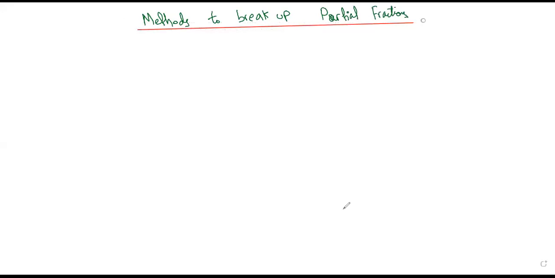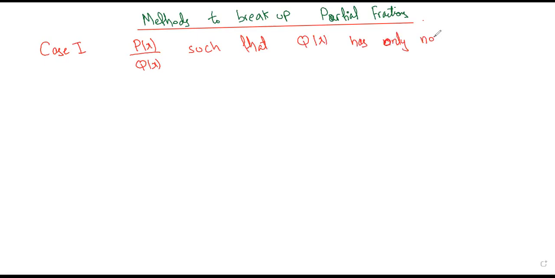Okay, so it is case number 1. Now case 1 says that if we have again p of x over q of x, a fraction with polynomials, the condition is such that q of x has only non-repeated linear factors.